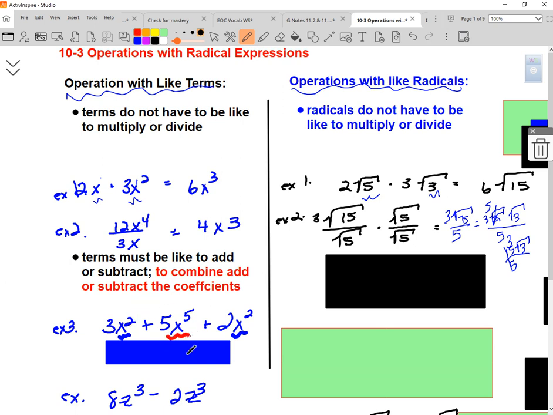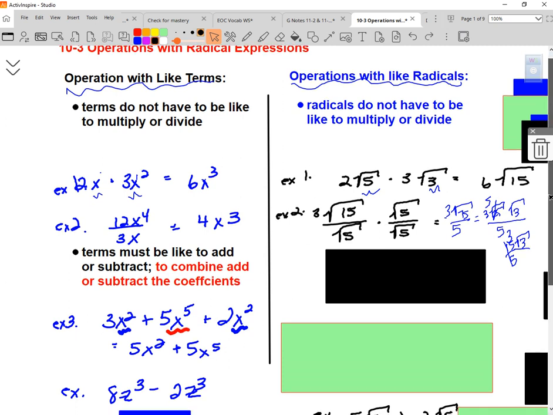This one is different. So to simplify this expression, we can only combine the like terms. That would be 5x squared plus 5x to the fifth power. We could not add them together because they're not like terms, right?